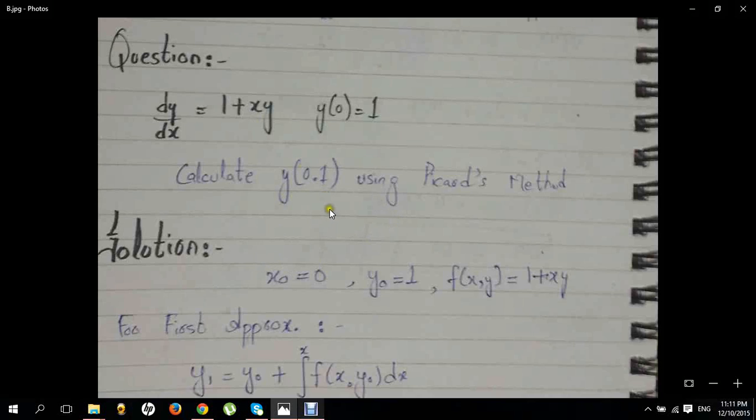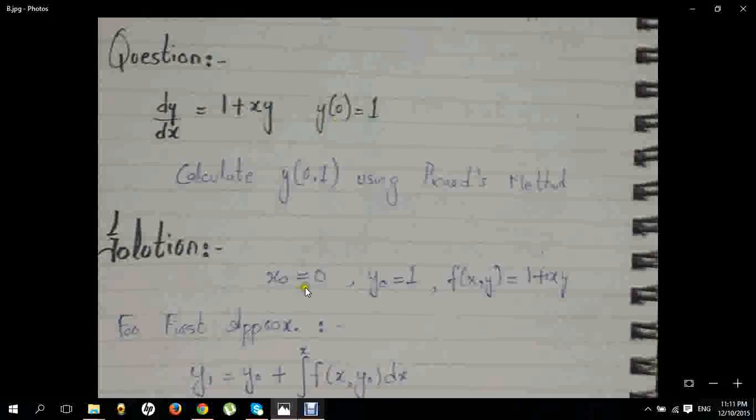First of all, we will extract our values of x0 and y0. As you can see, y of 0 equals 1, where x0 is basically the element in our bracket, which is 0.